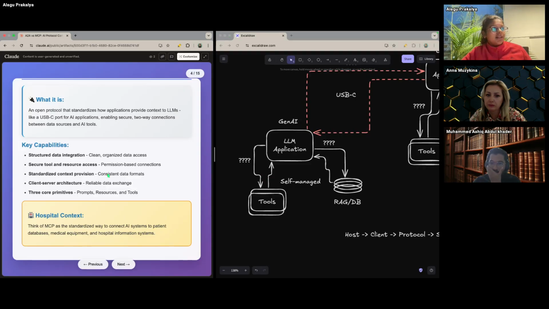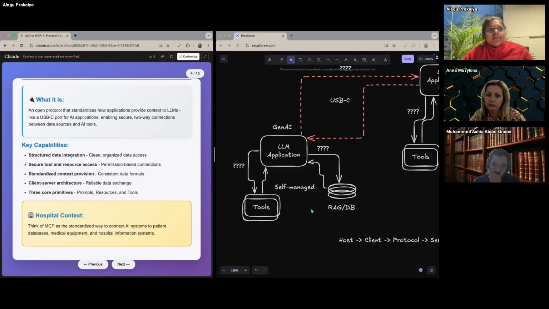So that's MCP. In the case of a hospital, it would be attaching to the relevant databases, tools, or third-party services to get certain information, like the patient database, medical equipment, or the hospital information itself. So that wraps up the idea of MCP.